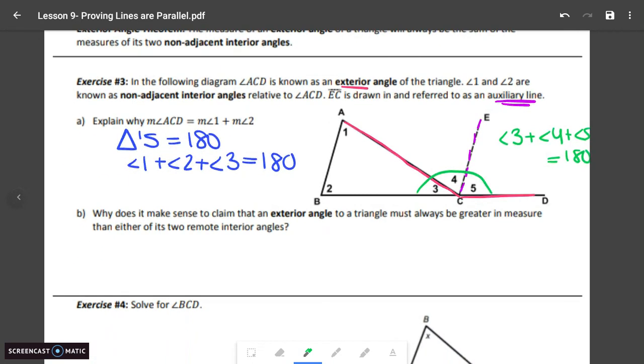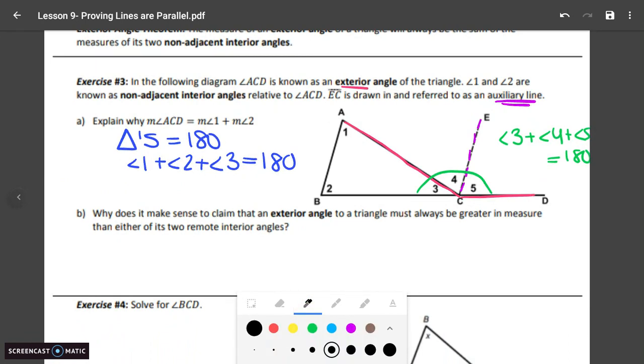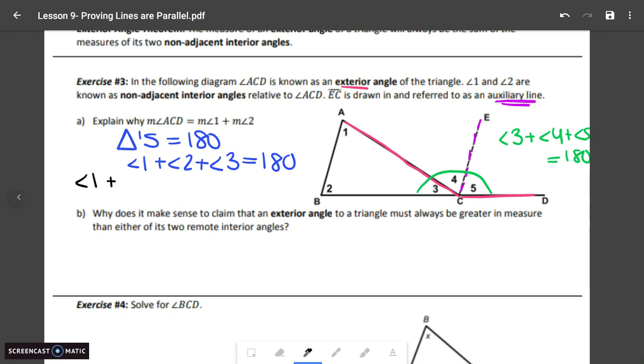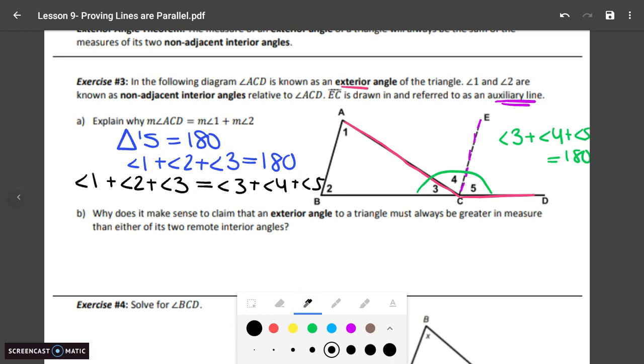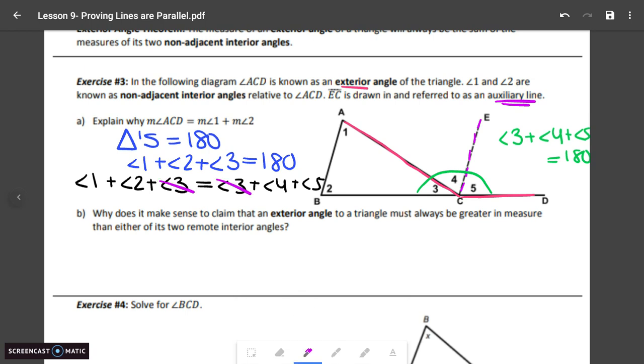So I have this set. If I'm looking at these 2, I can see these 2 equal to each other because I know they both equal 180 degrees. And I can cross out angle 3 because angle 3 is in both of them. So I don't need that.